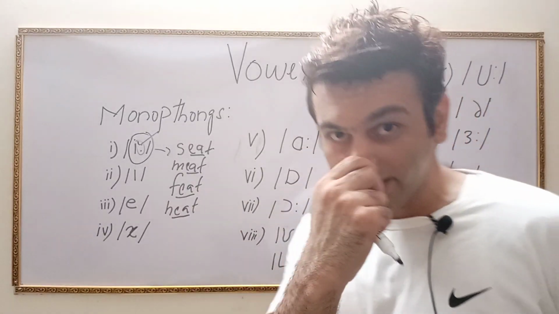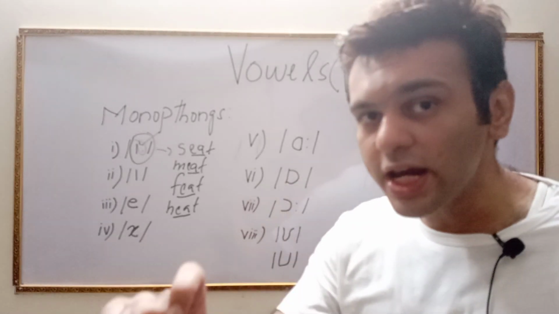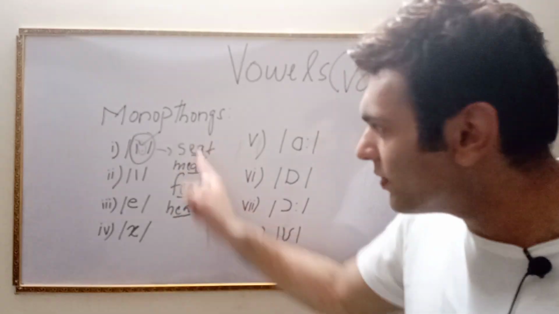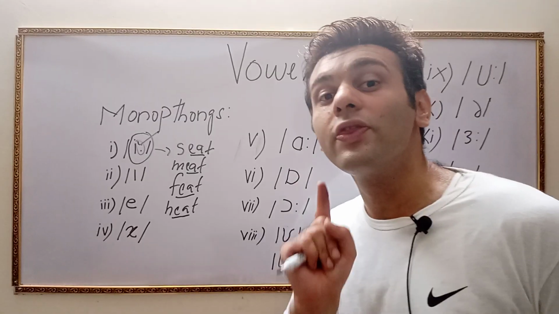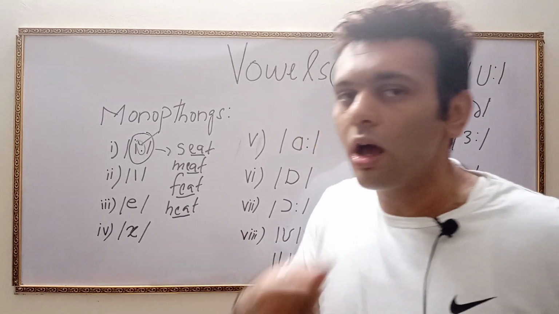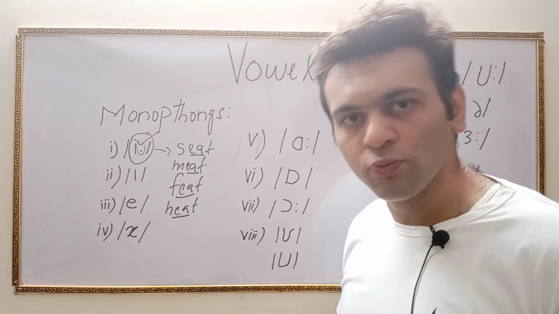Just look at the pronunciation: seat, feet, meet, heat. This sound in the middle represents the long vowel. It takes a more lengthy and longer stress. That's the first vowel. Let's move towards the next vowel.